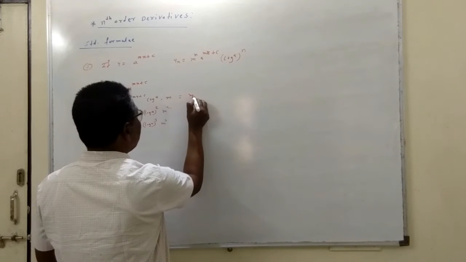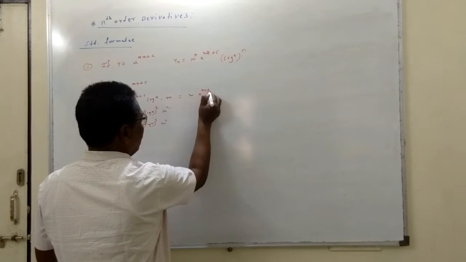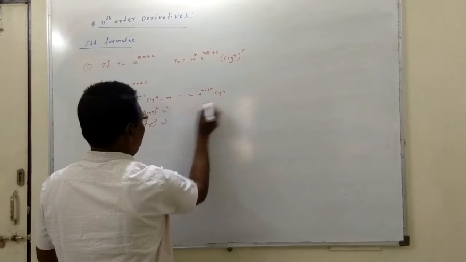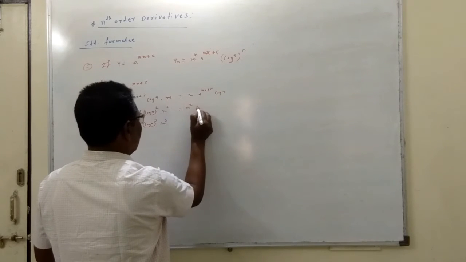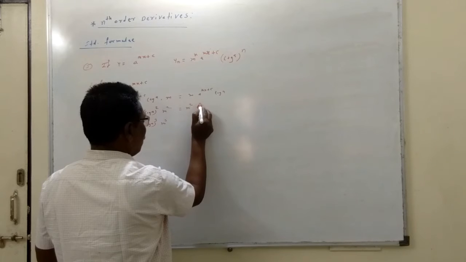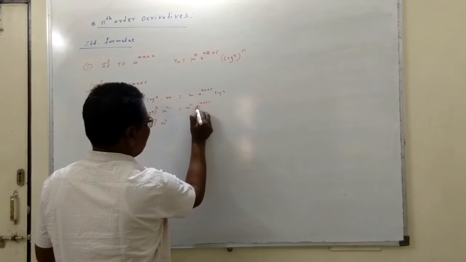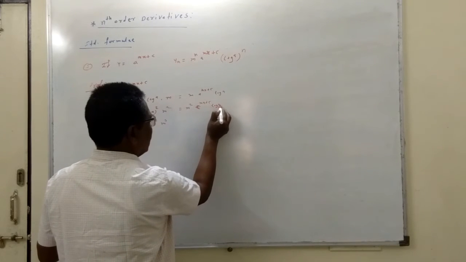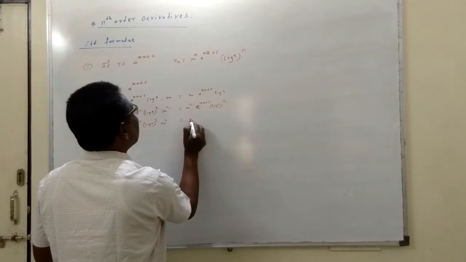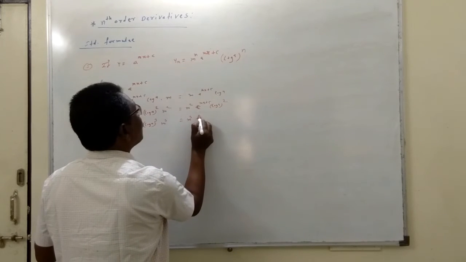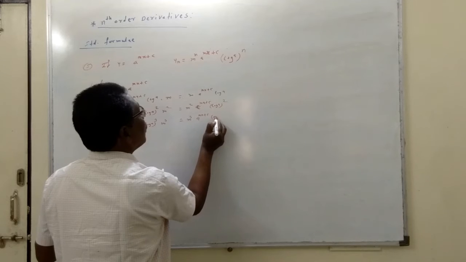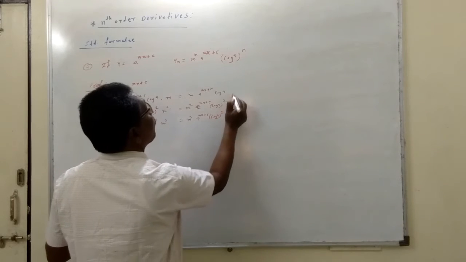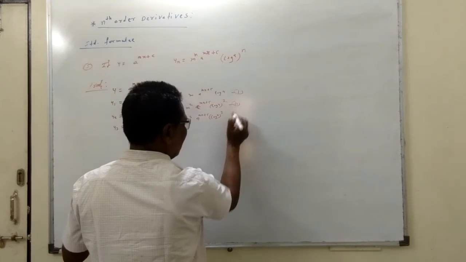So first, m a raised to (mx + c) log a; second, m square (log a) square a raised to (mx + c); third, m cube a raised to (mx + c) (log a) cube.